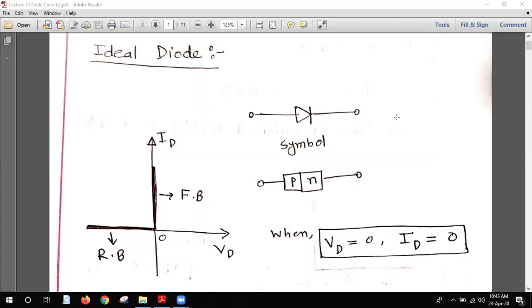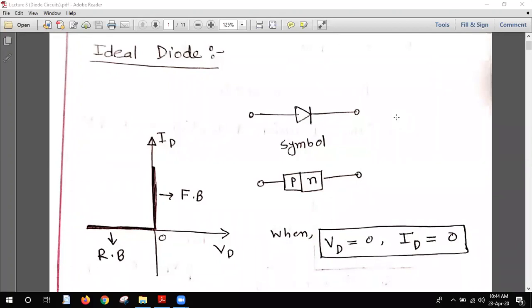When the applied voltage is greater than 0, that means positive voltage, the current will flow. And when we apply a negative voltage, no current flows. That is the reverse biased condition.